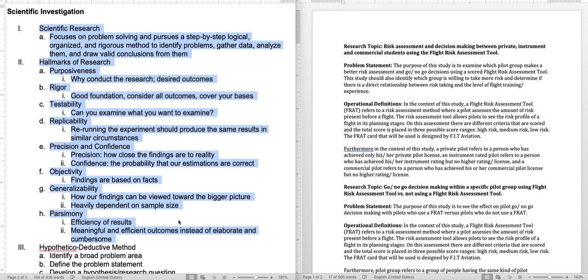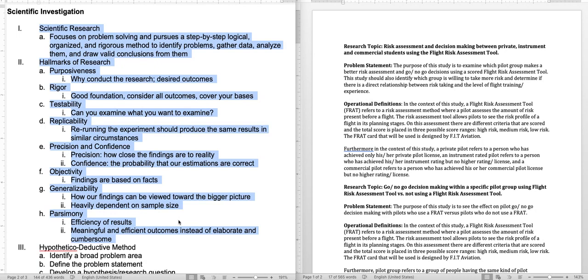What are we actually measuring and what are we comparing it to? Are we comparing different pilot groups? Are we comparing different methodologies of flying, different means of instructing if you're a flight instructor, and how that affects another variable, performance in a student, the ability to complete a course or complete the materials accordingly? That is what we mean by identifying the problems and the variables of that problem.